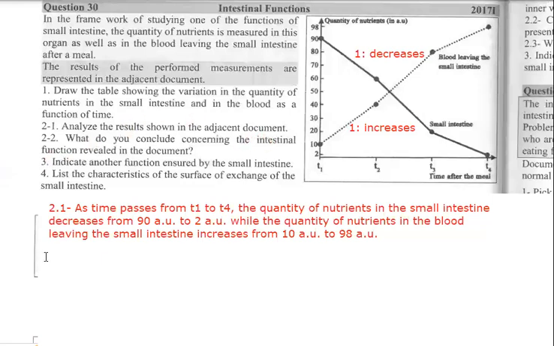So by part 2 of question 2, it is asking me, what do you conclude concerning the intestinal function revealed? What do you understand? This is a conclusion.